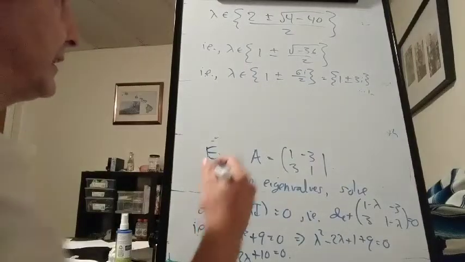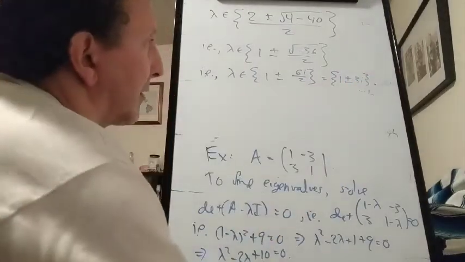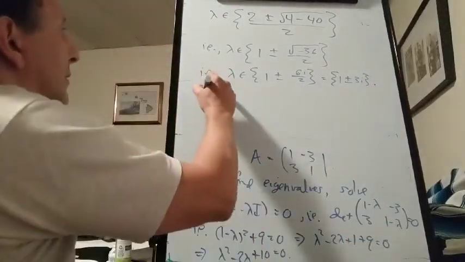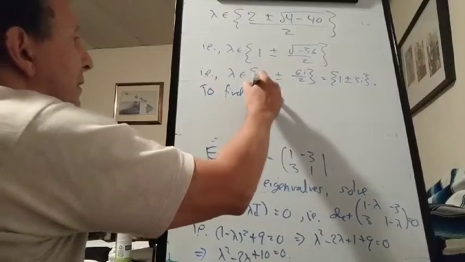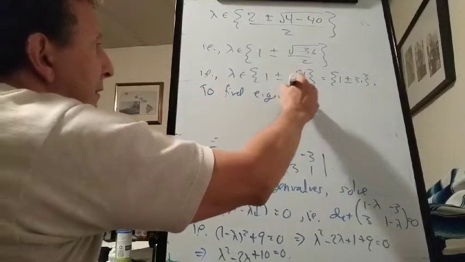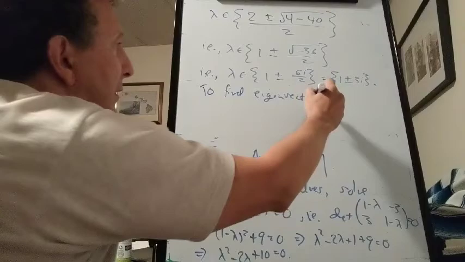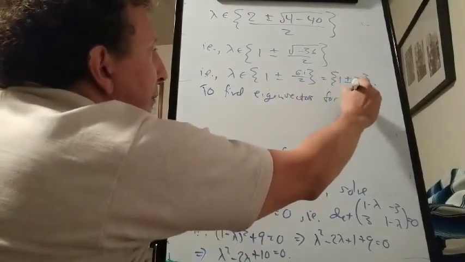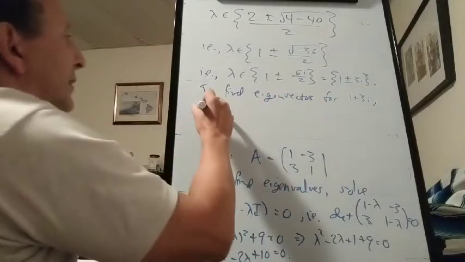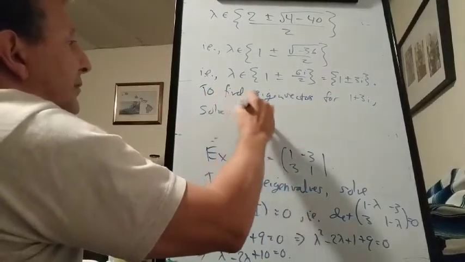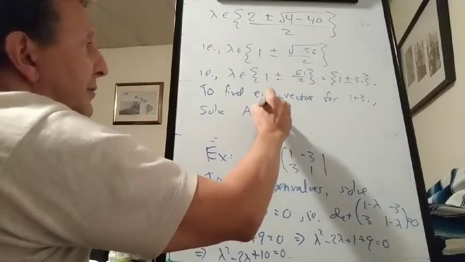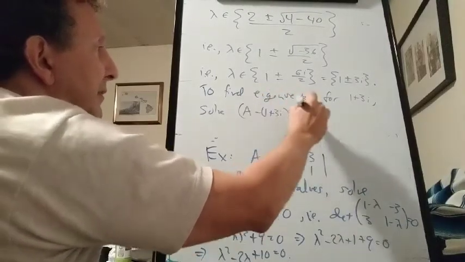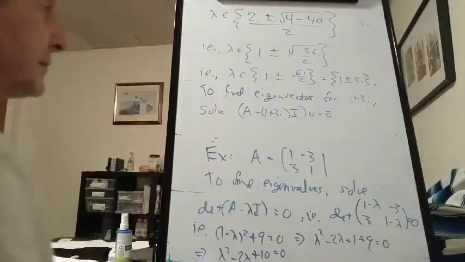All right, so to find the eigenvectors, let's say for 1 plus 3i first, solve A minus (1 plus 3i) identity matrix times V equals 0.